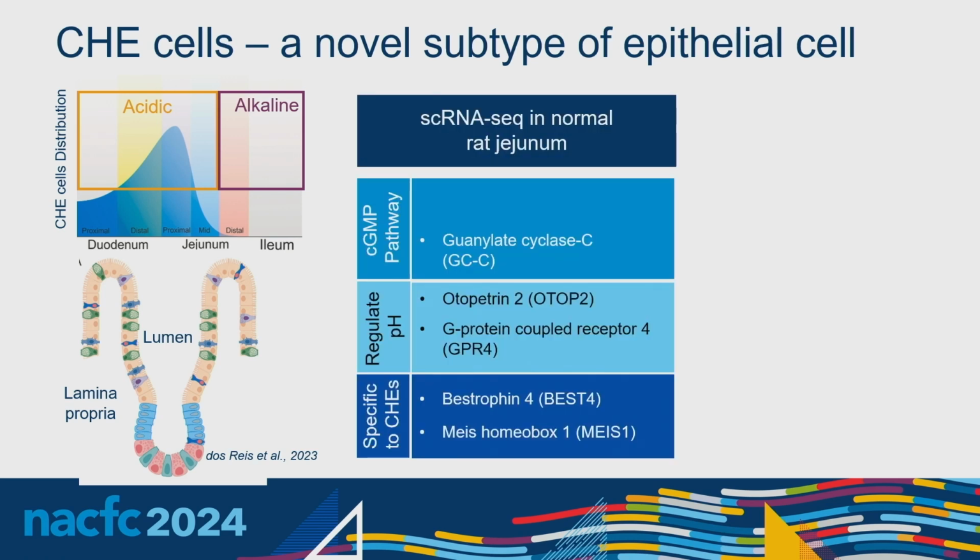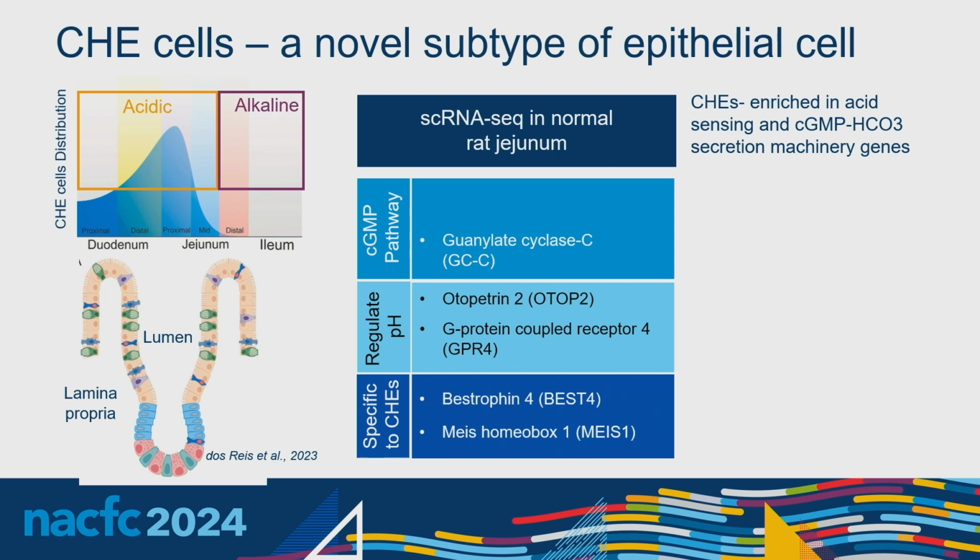Thirdly, the single-cell data, both in human and in rat, our unpublished data, indicate that these cells are enriched with genes that sense acid and respond through the cyclic GMP bicarbonate secretion machinery. And they're enriched for GCC, which is the receptor for uroguanylin, the hormone that regulates bicarb secretion, or OTOP2, which I mentioned to you before, which is the proton selective channel, the acid sensing receptor GPR4 and BEST4.